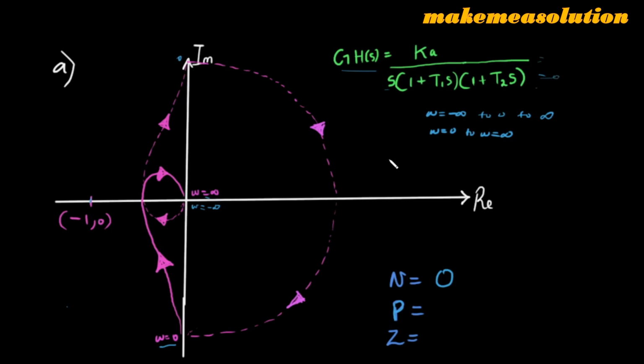So s will be equal to 0, then s will be equal to minus 1 over T1, then s will be equal to minus 1 over T2. So there are 3 poles, and as you can see, none of these poles occur on the right hand side because all of them are either 0 or negative.